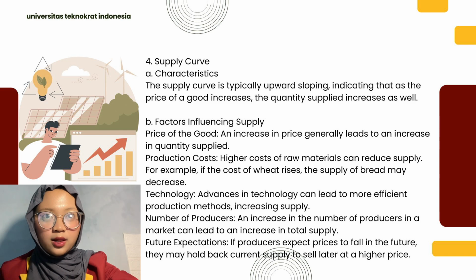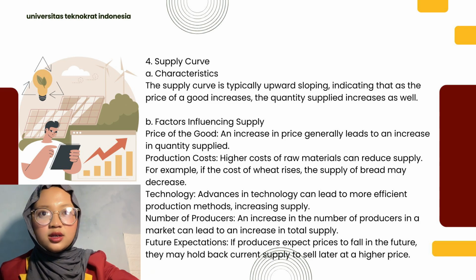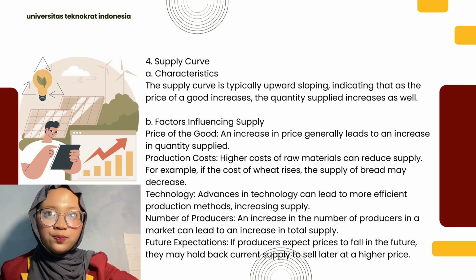For example, if the cost of wheat rises, the supply of bread might decrease. Technology. Advances in technology can lead to more efficient production methods, increasing supply. Number of producers.